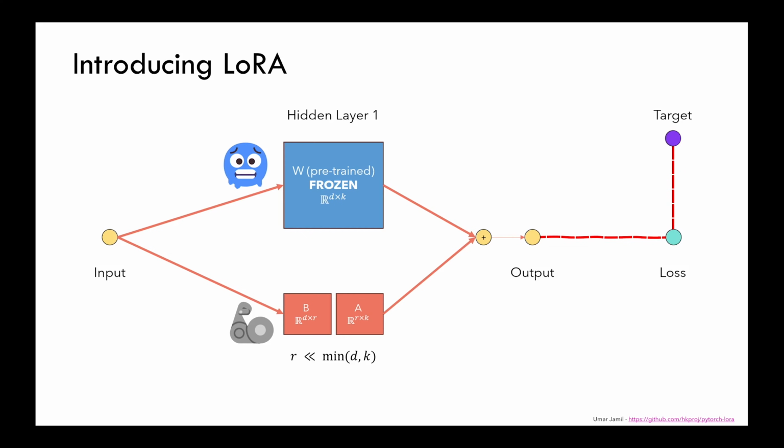We calculate the loss, and we only backpropagate the loss to the matrices that we want to train, that is the B and the A matrix. So we never touch the W matrix. Our original model, which was the pre-trained model, is frozen, and we never touch its weights. We only modify the B and A matrices.